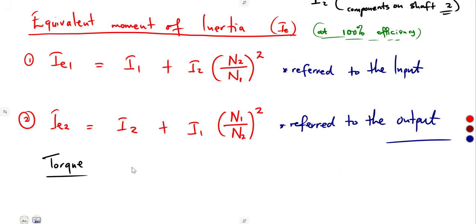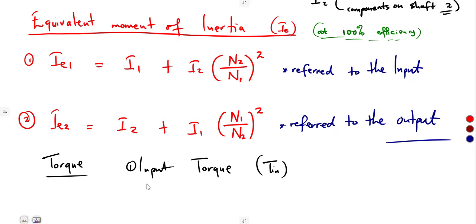All right. Number one, the input torque can be determined. So you can write T1 or T in. It's in your hands.